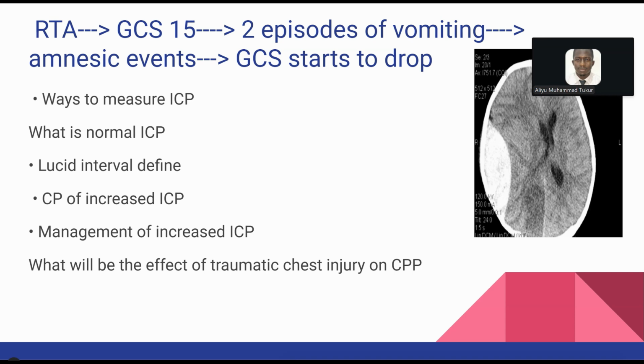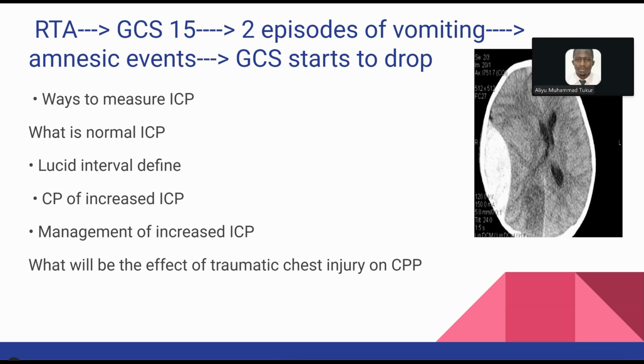Another way is reducing the blood flow through ventilation, inducing hypocapnia, a reduction in carbon dioxide with subsequent vasoconstriction and reduction in cerebral blood flow. These are some of the measures to reduce the intracranial pressure.